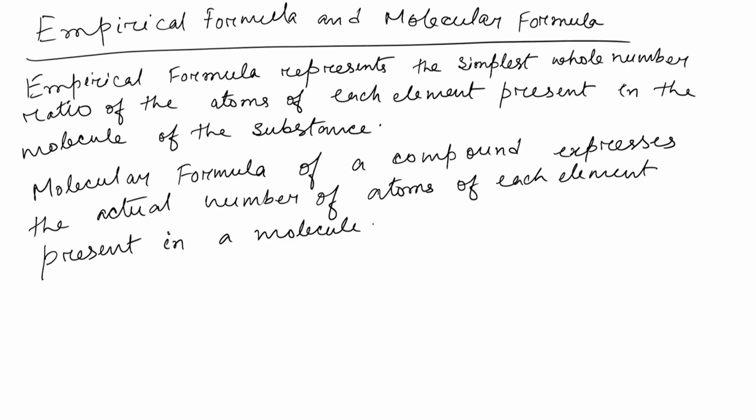Okay. So, empirical formula represents the simplest whole number ratio of the atoms of each element present in the molecule of the substance, and molecular formula of a compound expresses the actual number of atoms of each element present in a molecule.